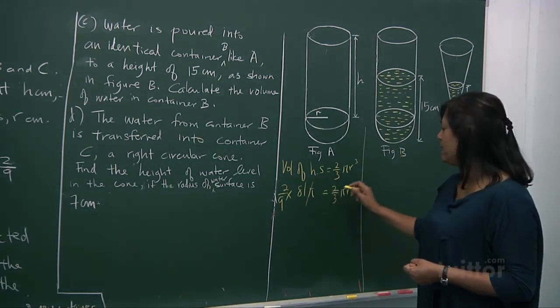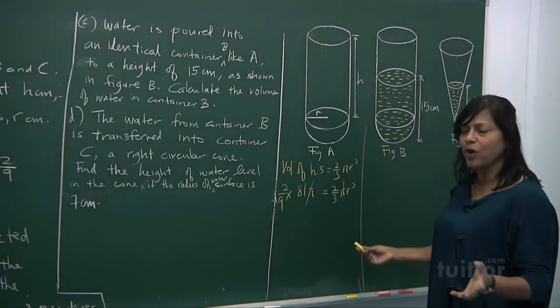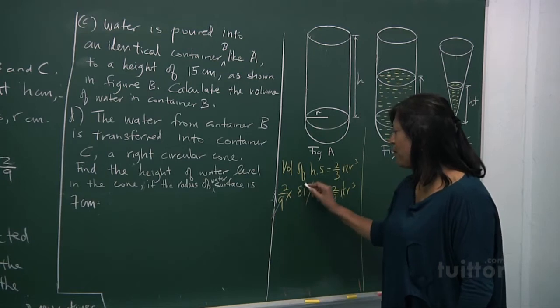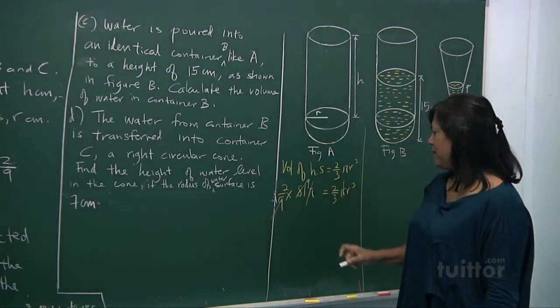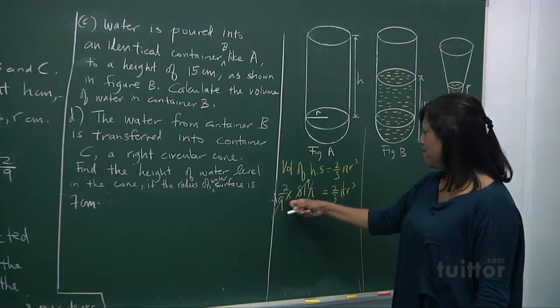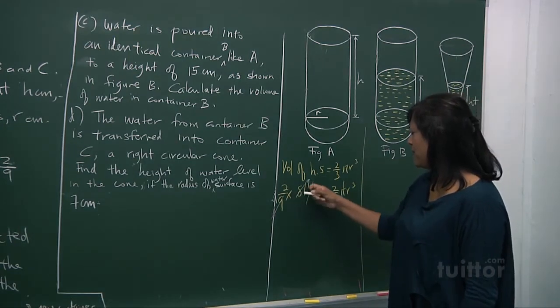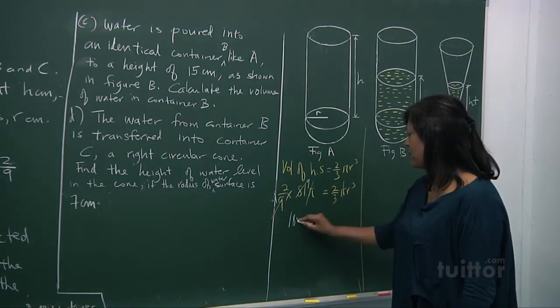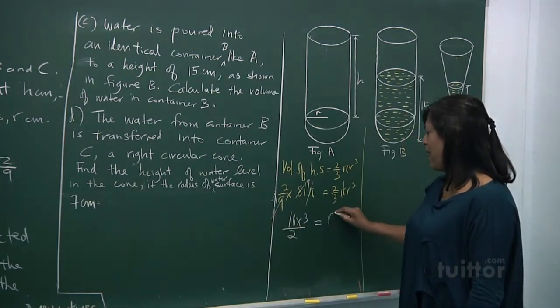Now you can cancel this pi off when you bring it down, gone. And you can cancel the 9 and the 81, you get a 9. The 2, when you come here, gone. Alright, anyways, let's look at it as 18. 18 times 3 divided by 2 equals your r cubed.